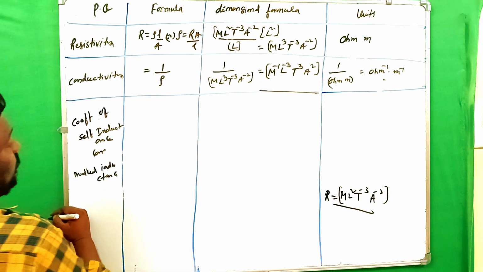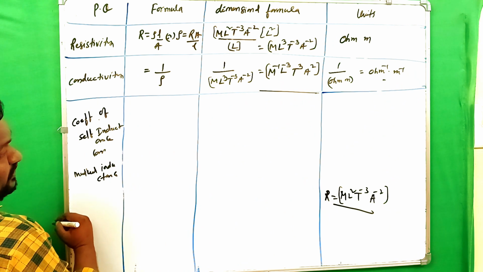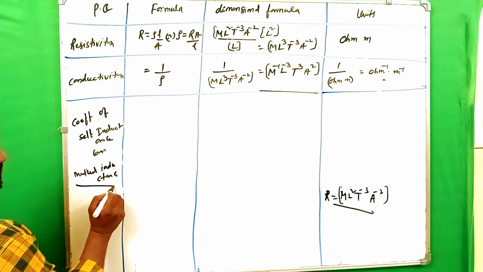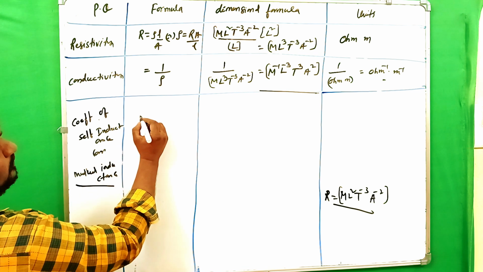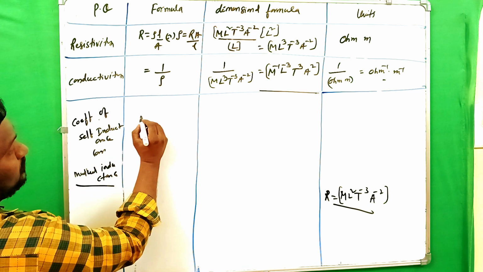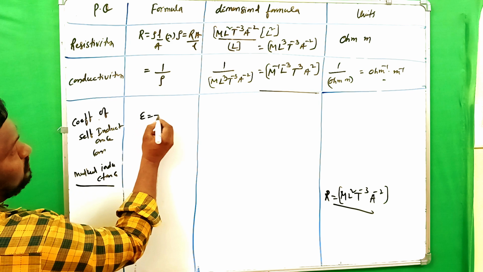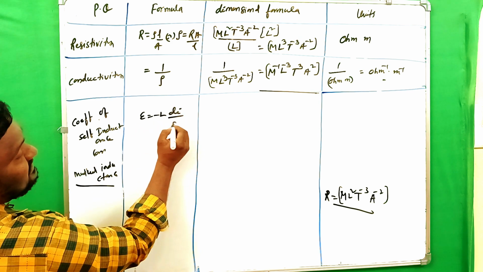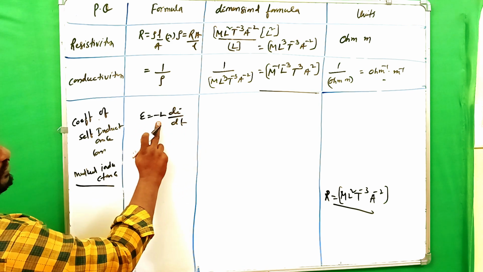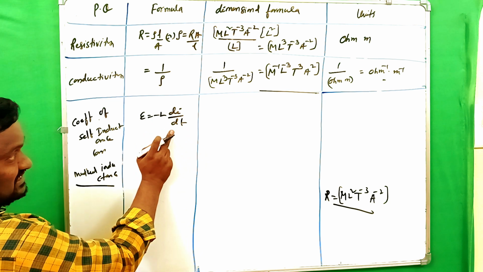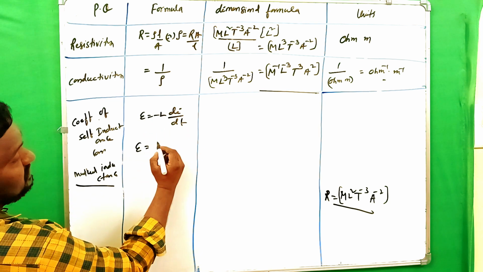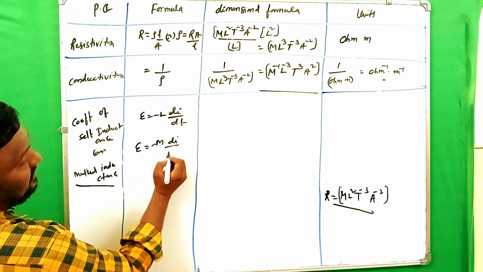And now coefficient of self-inductance or coefficient of mutual inductance. Formulas are like this. Epsilon is equal to minus L into di by dt, or epsilon is equal to minus M into di by dt.